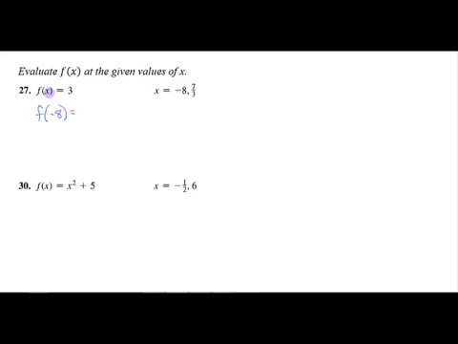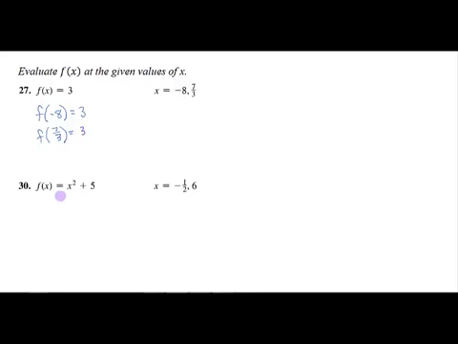So we're replacing the x in the function notation with the x value -8, and we get 3. Here it's a constant function. It doesn't matter what we put in. 3 is always going to come out. So for f of 7/3, when we put in 7/3, out comes 3.